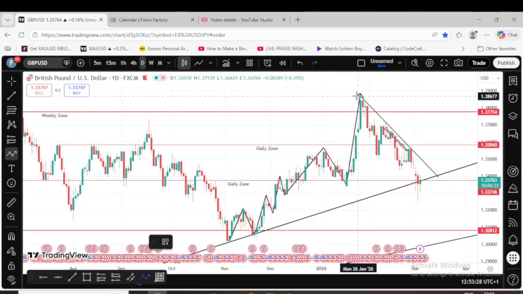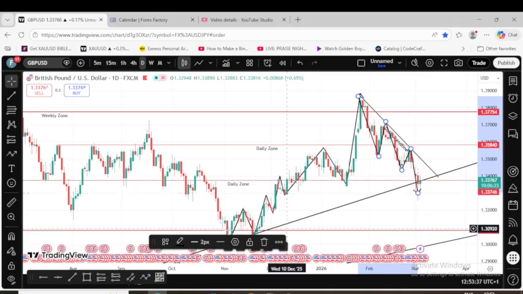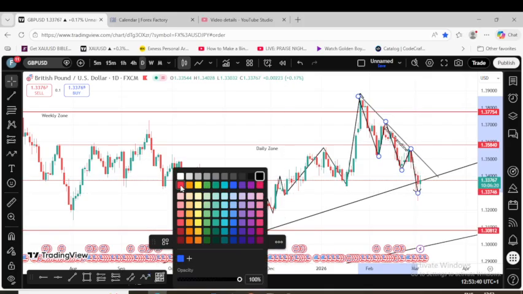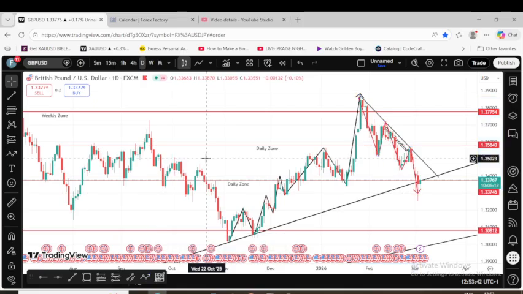Looking here, we can see that we have a bearish impulsive followed by correctional, followed by another bearish impulsive, followed by correctional, followed by another bearish impulsive. Let's change the color to differentiate it. Let's make this one red. So now you can see that the black line is a bullish market structure, while the red line is a bearish market structure.